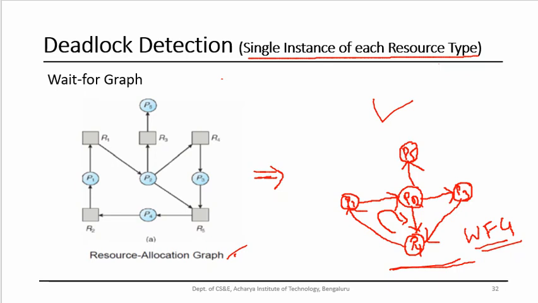See, here you can observe there is one cycle, and here, do you see any cycle here? No, there is an edge from P2 to P4.